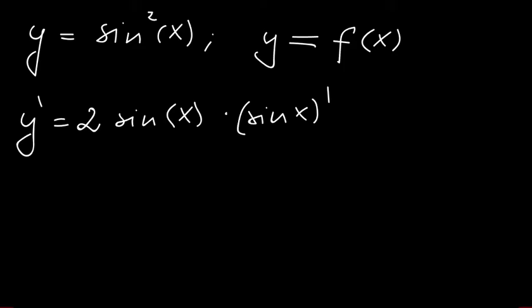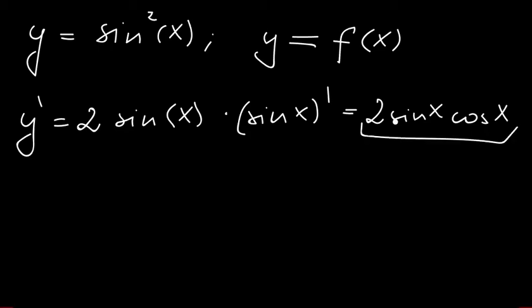This will give us 2 times sine of x times cosine of x. And we actually can apply a trigonometric identity. This would give us sine of 2x, but that's not necessary. If you don't remember this identity, it's not necessary, but it's a nice way to write an answer.